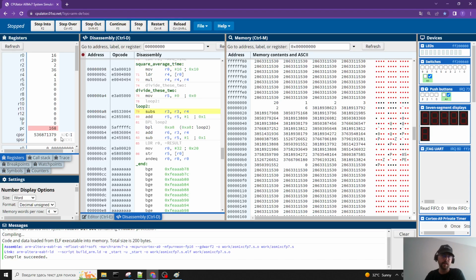You'll see this N set down here for the CPSR register when the result of the subtraction gives a negative number. And that's why at the end we need to add 1, because we're supposed to stop the loop when we hit 0, but it stops when we hit negative. So we need to add 1 back to it, because it means we went one loop too many, if that made sense.